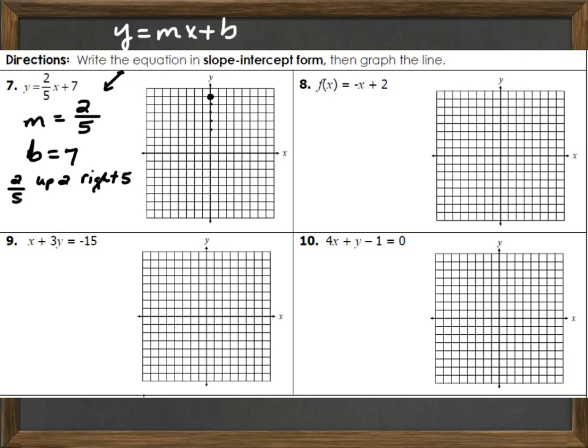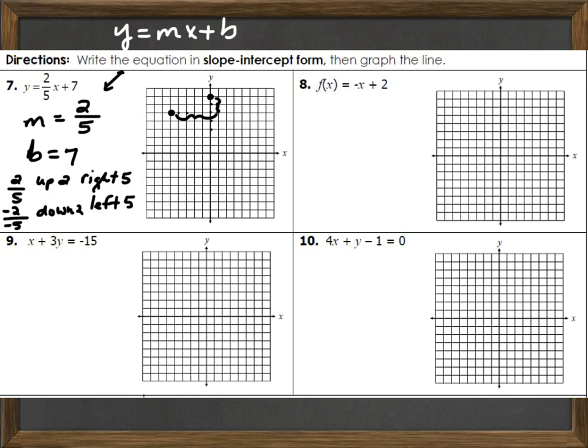Or I can use -2 over -5 because that's also positive 2/5. Which means we can count down 2, because that's the negative direction, and left 5. So if I go down 2 and over 1, 2, 3, 4, 5 and put a point. Okay, so this is down 2 and left 5.